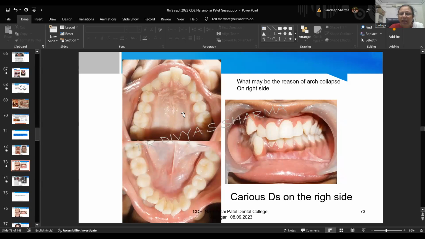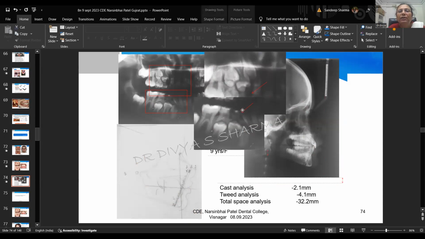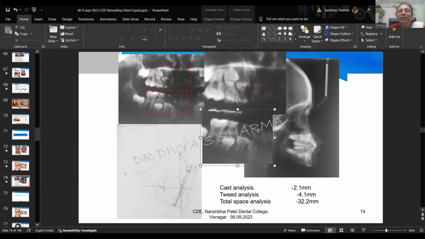This is another patient I have shown you. This is my patient in Indore. These are all retrospective studies. When I started studying the borderline arches, I found many of the D culprits. You can see the D space here, D space in the mandible.